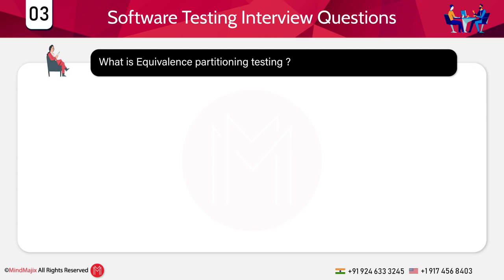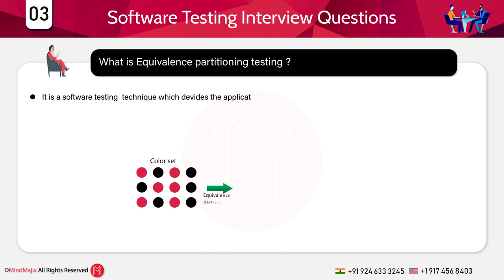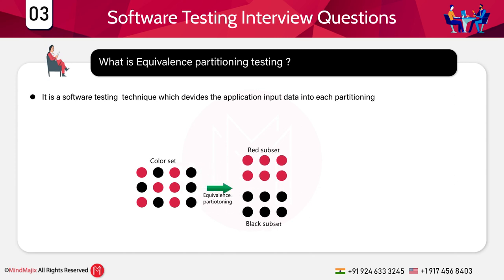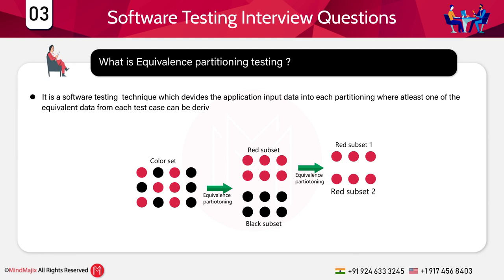It is defined as a software testing technique which divides the application input data into partitions, where at least one equivalent data from each partition can be derived. That is nothing but, for every partition you should have a minimum of one test data.